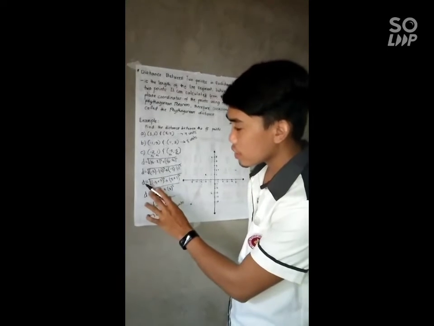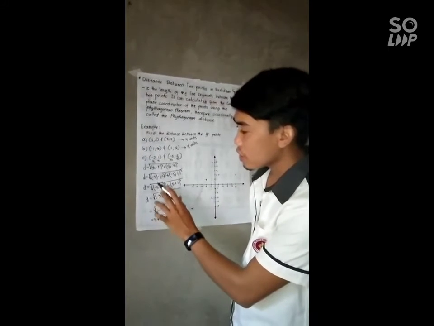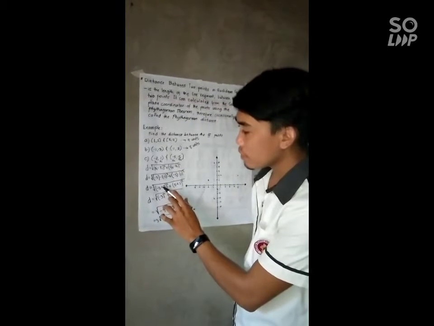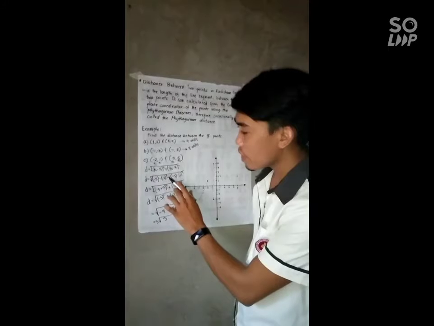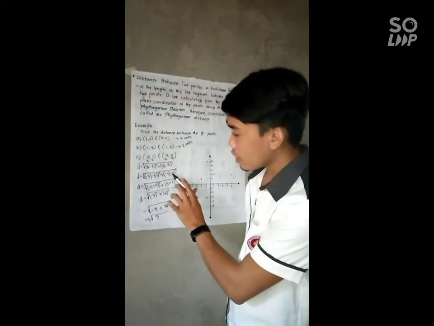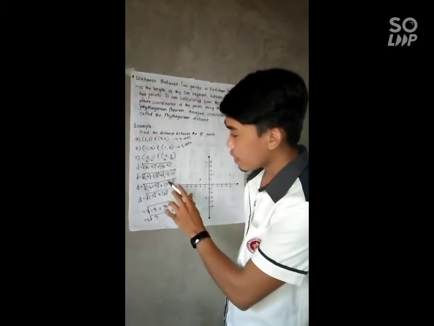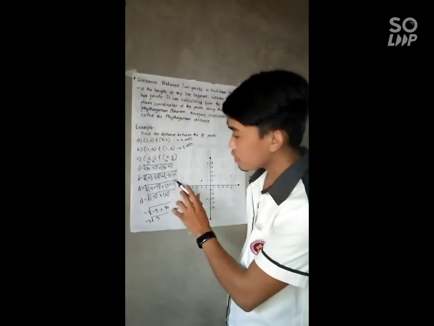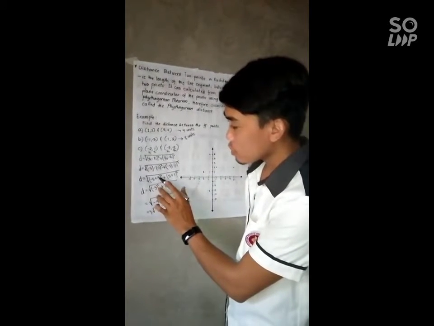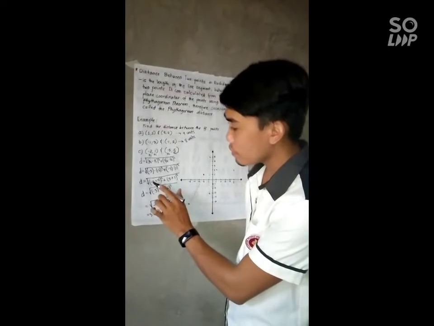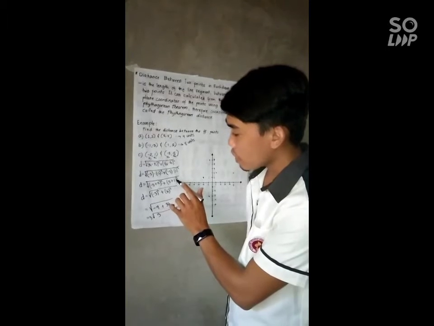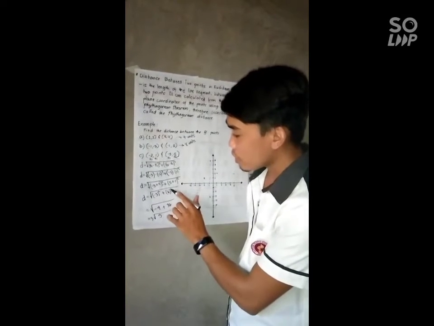Simplify: negative 5 minus negative 2 is negative times negative positive, so 2 squared, plus negative 5 minus 1. So negative 5 plus 2 is negative 3 squared plus 5 plus 1 is 6 squared.